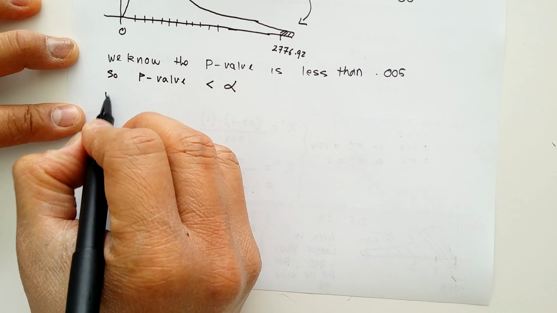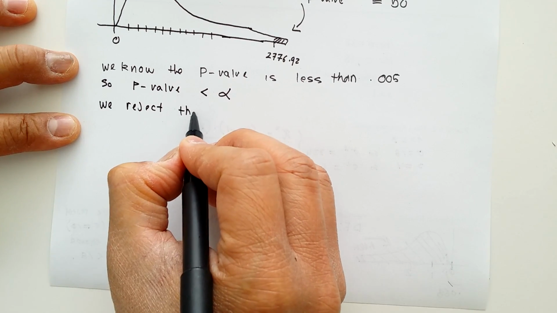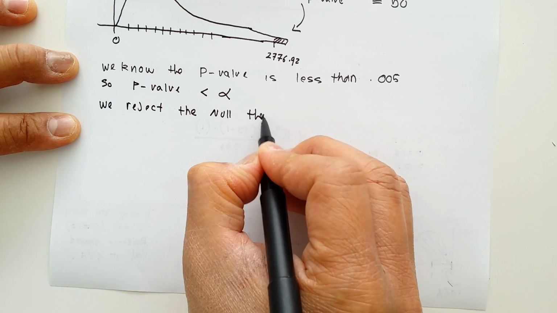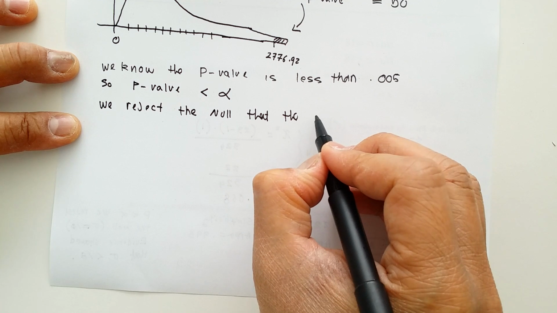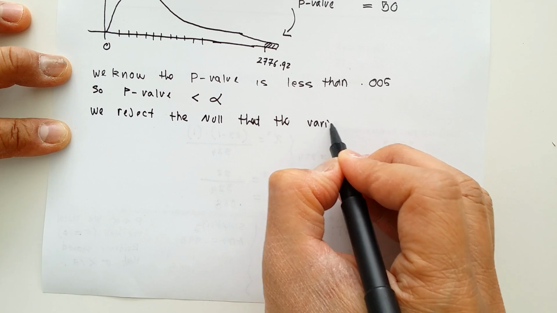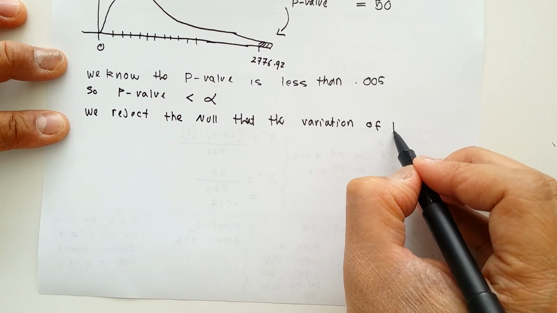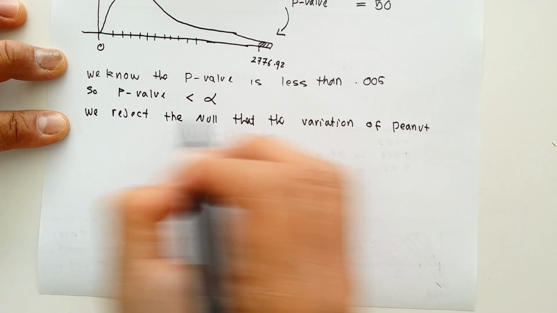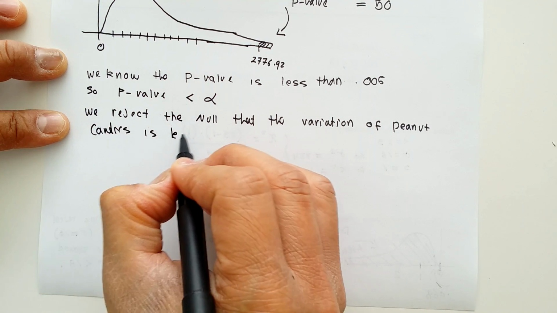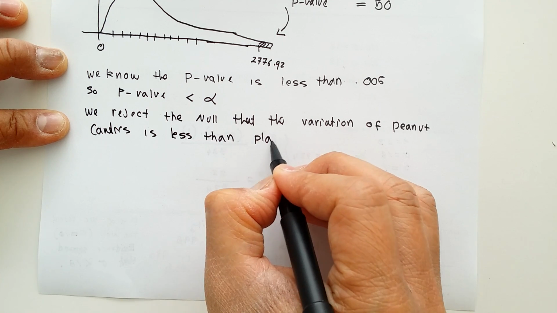Now we conclude that we reject the null that the standard deviation or variation of peanut candies is less than or equal to plain candies.